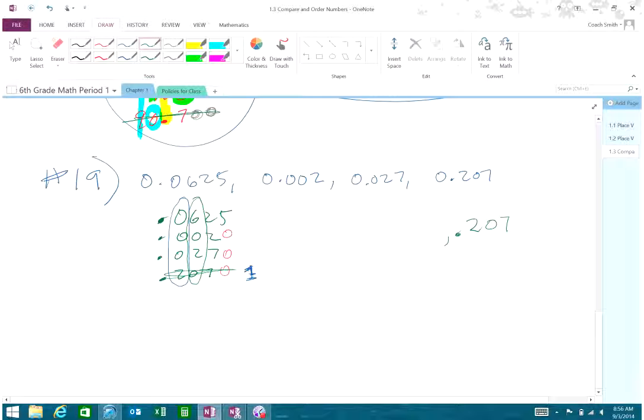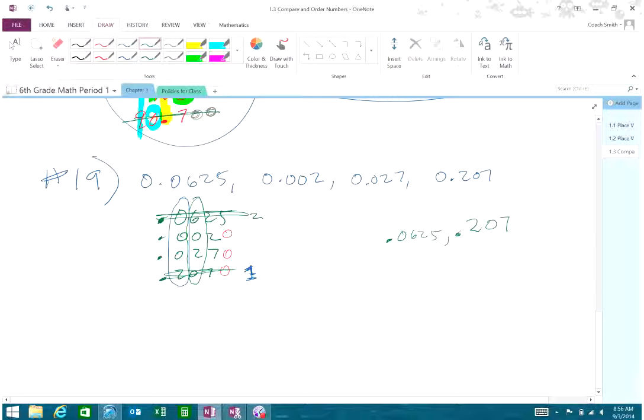Now the next one, we have a 6, a 0, and a 2. So which is larger, 6, 0, or 2? 6 is larger, so that gives me 0.0625. And that's the second one. Now this one's gone.